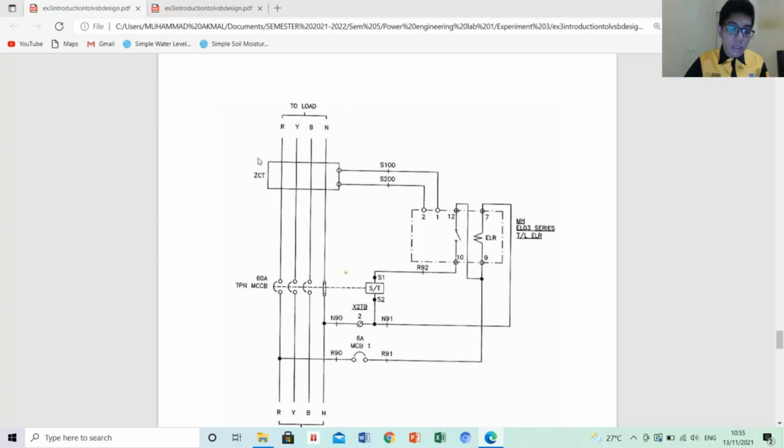As you can see, this is the ZCT, or the zero current transformer, which means there is a looping over here, and that is connected to the wire label number 1 and number 2 on the earth leakage relay. And then the circuit continues to connect to the load.